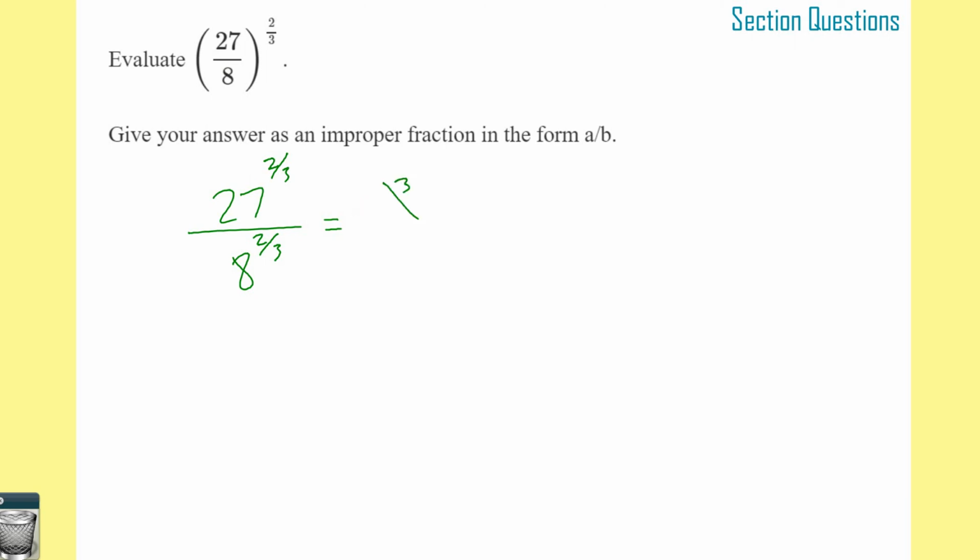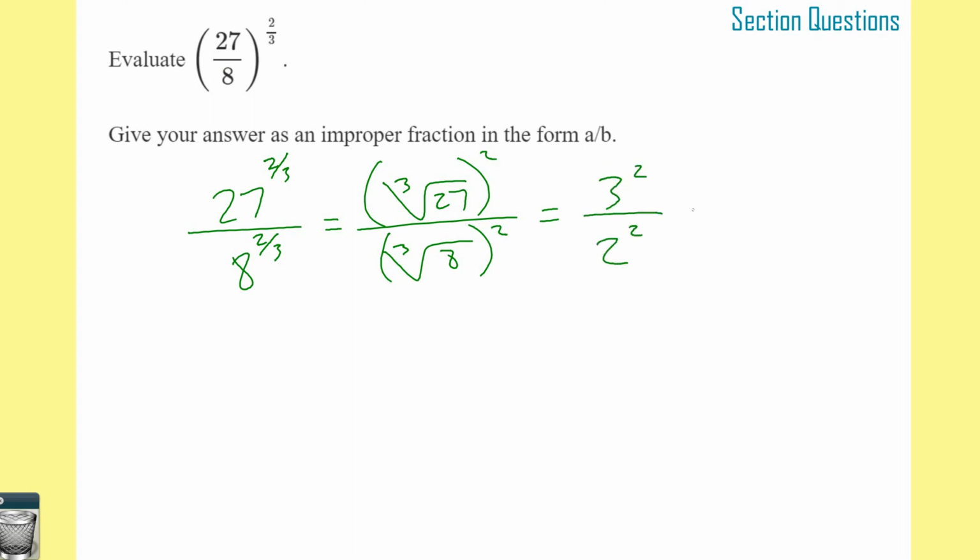So we're going to have the cube root of 27 squared, the cube root of 8 squared. So hopefully you know these pretty well. Now you're just going to have 3 squared over 2 squared. So our answer should be 9/4. Improper fraction in the form of a over b. 9/4. There you have it.